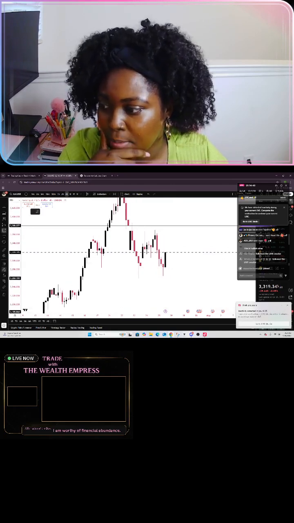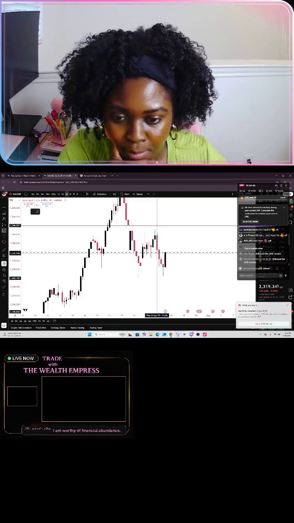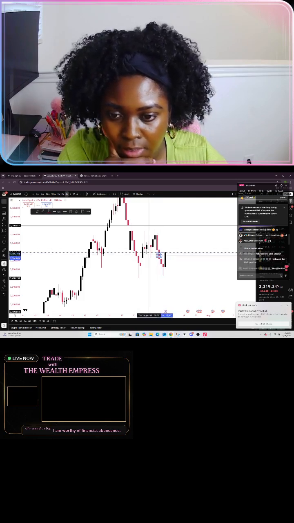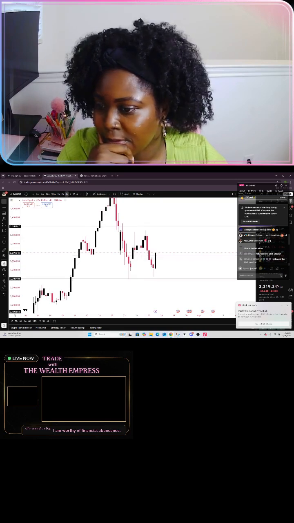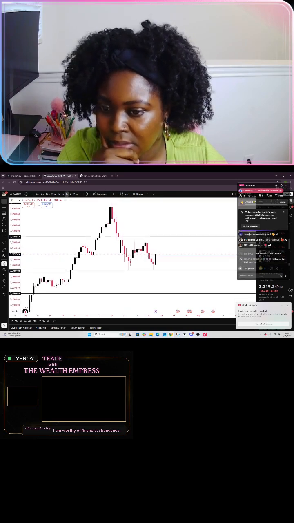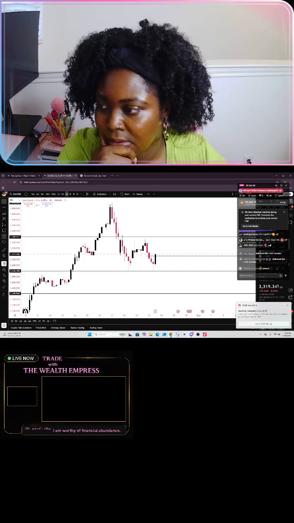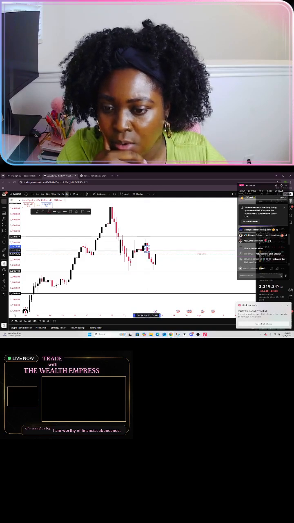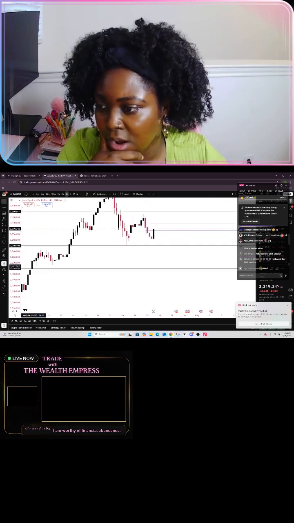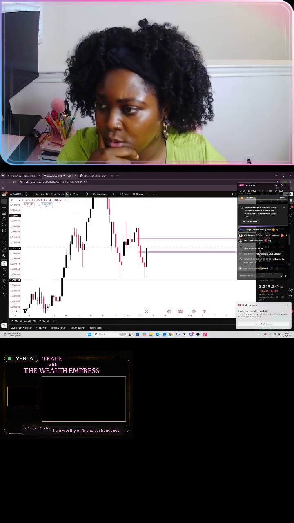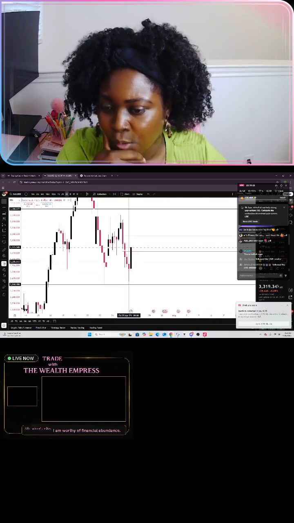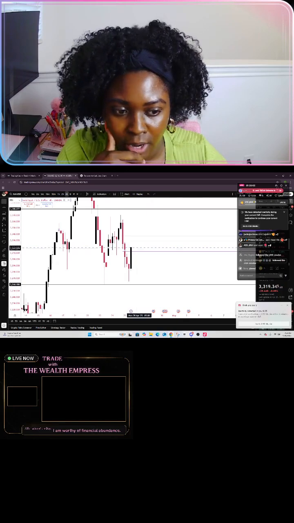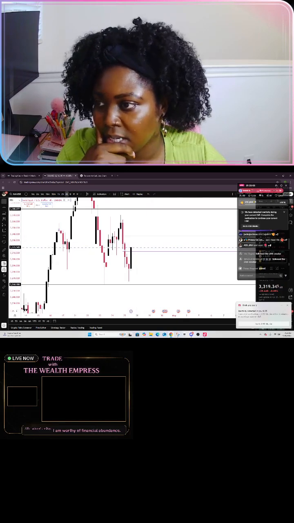We're on top of this gap right here. And then we have another gap right here. Now, gold is like indices. You don't need a really big move. So really, you could just trade this range right here and make some decent money.